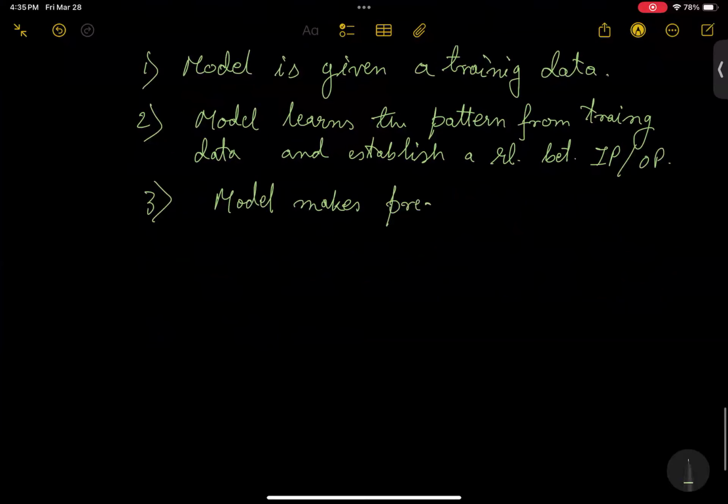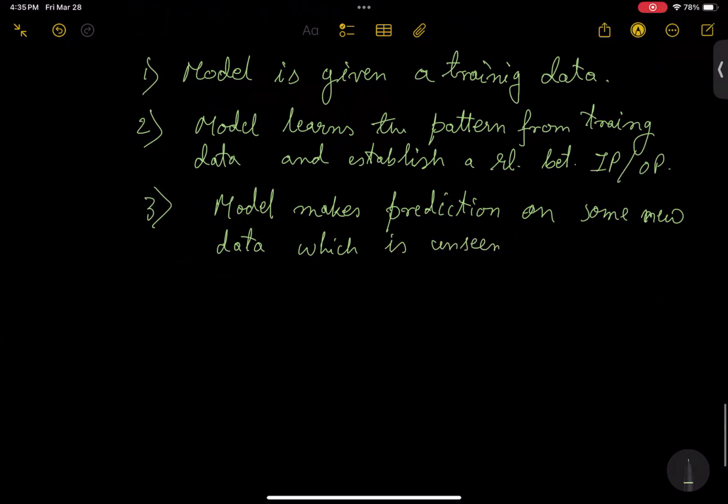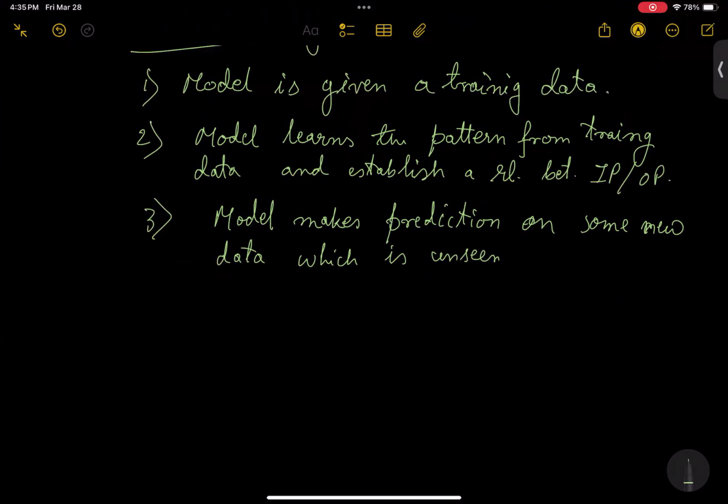I think above I wrote recommendation somewhere, but the model makes predictions on some new data, which is unseen, right? Unseen. So the model did not interact with that kind of data before, but the model will definitely make a prediction. So this thing is clear, correct?